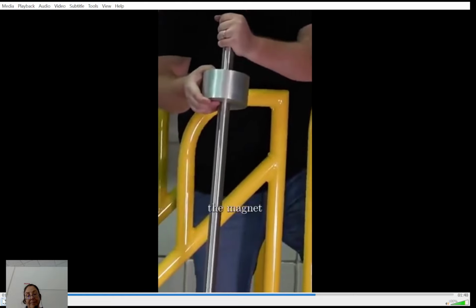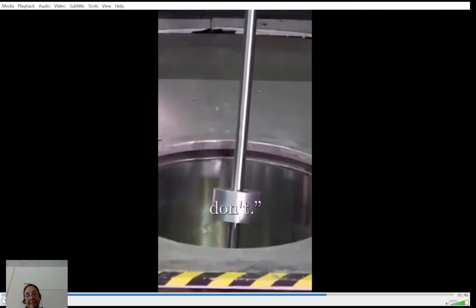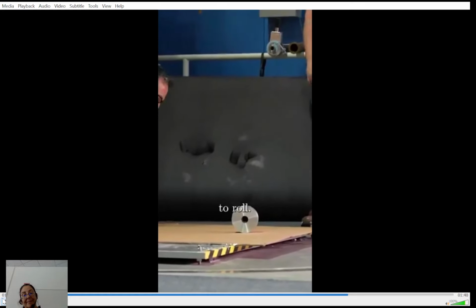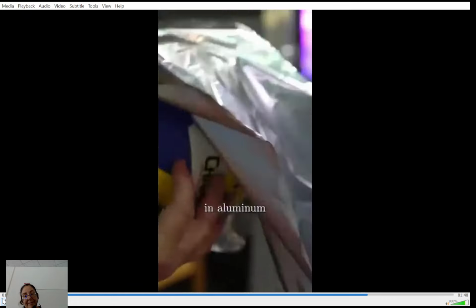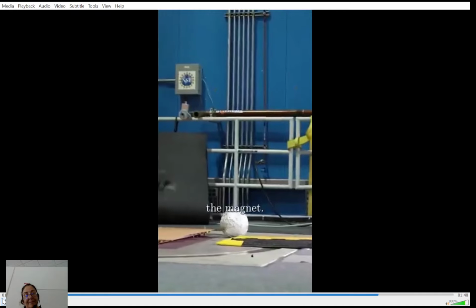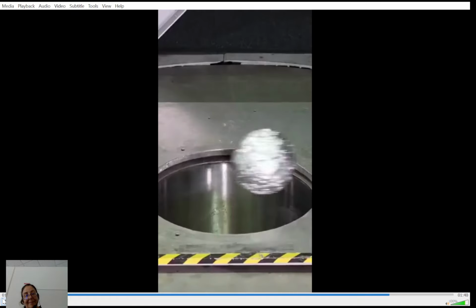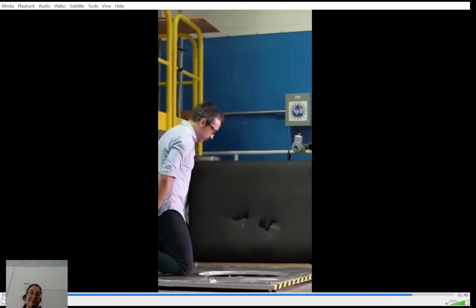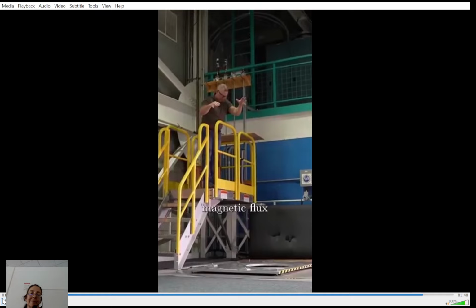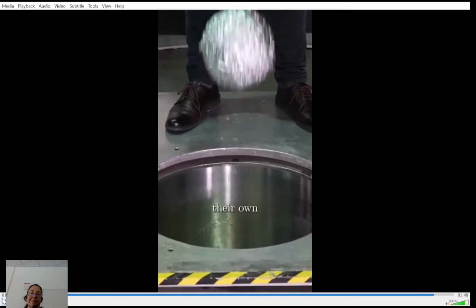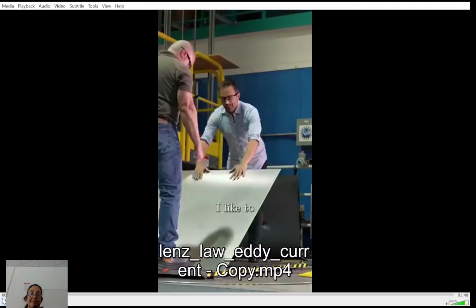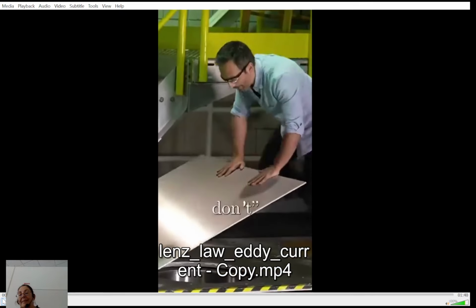Drop it straight on the magnet, and nature says, no you don't. Try to roll it across the top? No you don't. It just refuses to roll. We wrapped up a volleyball in aluminum foil and passed it across the magnet, or dropped it straight in. Again, the changing magnetic flux induces eddy currents that produce their own magnetic field to oppose the original change in flux. I like to think of Lenz's law as the no you don't.